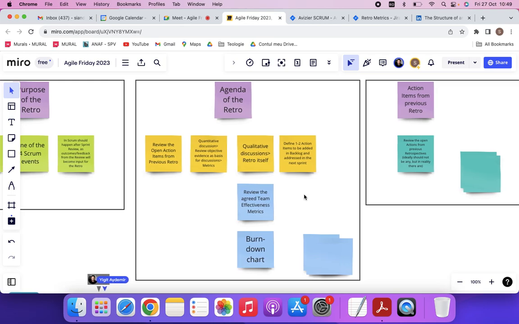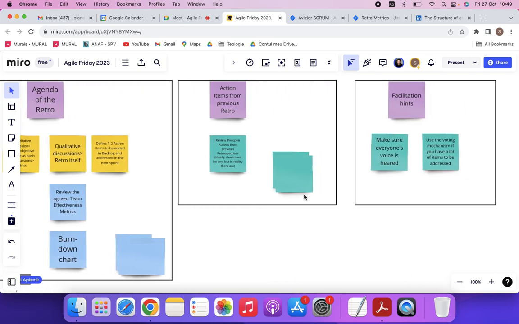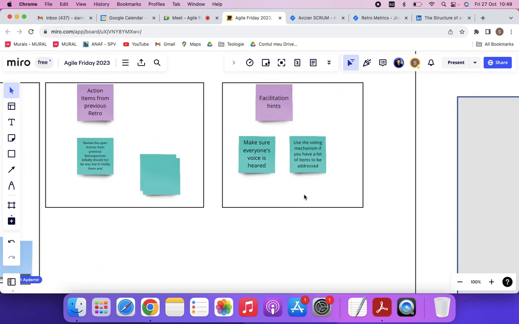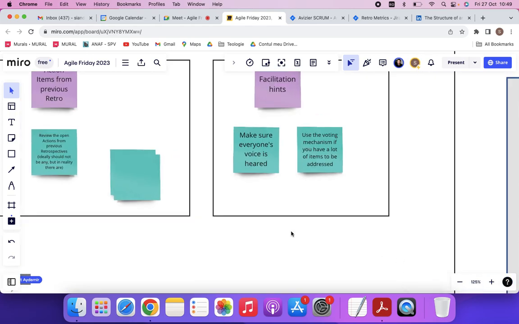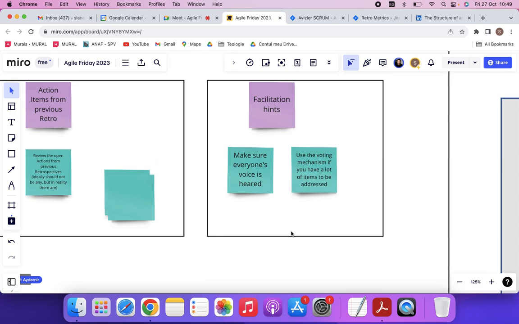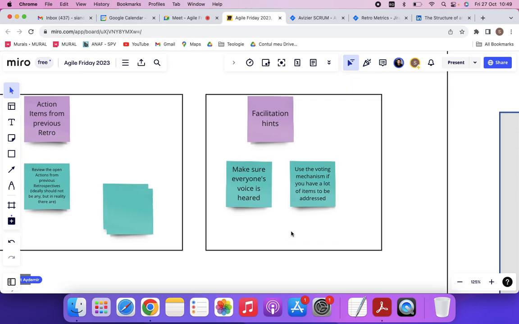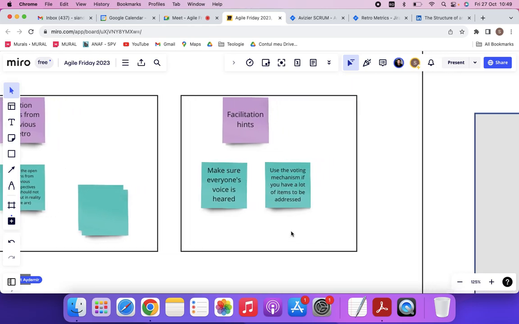Yes. So, some facilitation hints. Make sure that everyone's voice is heard. I think one of my passions is to facilitate retrospectives. This is a thing which I think I'm really good at.